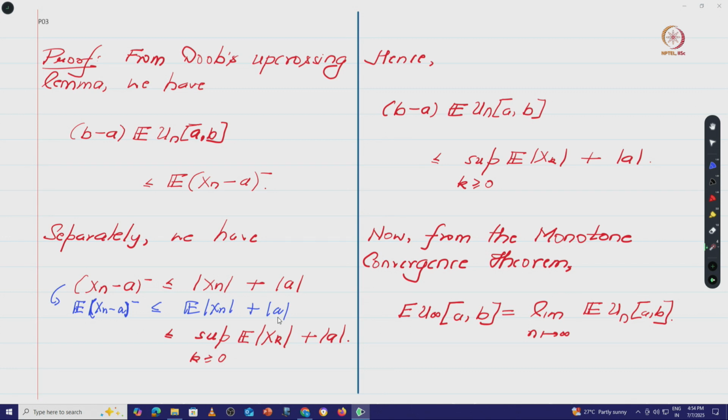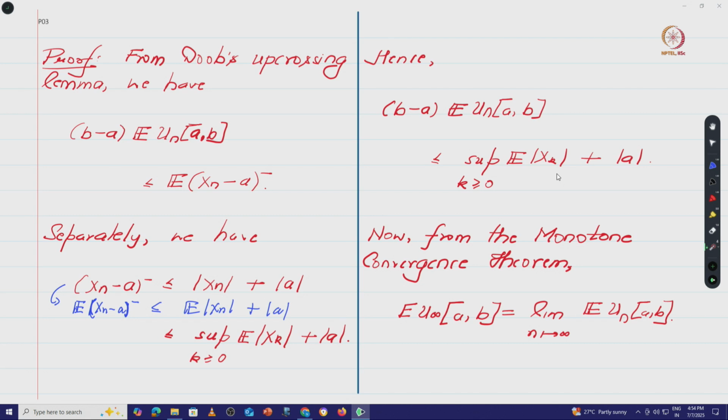From this, because this relationship holds, (b minus a) times the expected value of UNAB is less than or equal to the supremum of the expected value of the absolute value of Xk plus the absolute value of a.